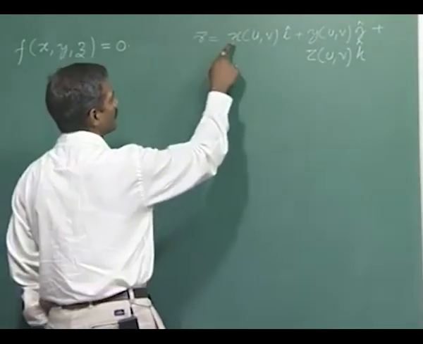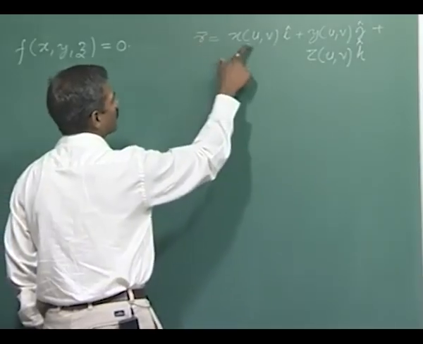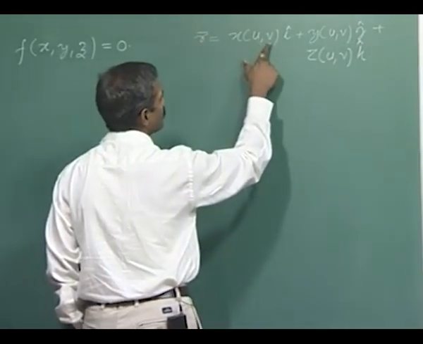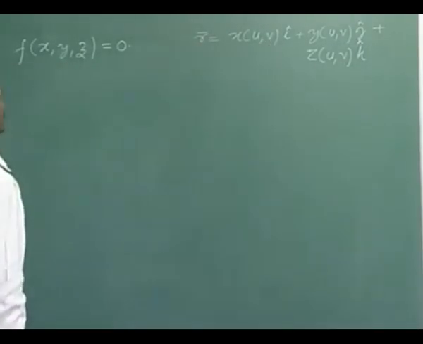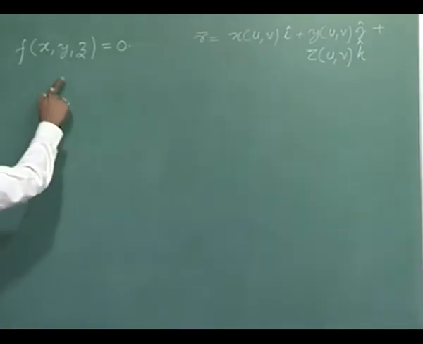That means the x, y, and z coordinates of this point are functions of parameters u and v. Let's differentiate this function with respect to u.